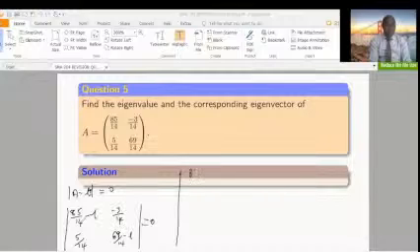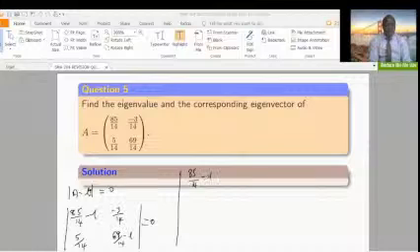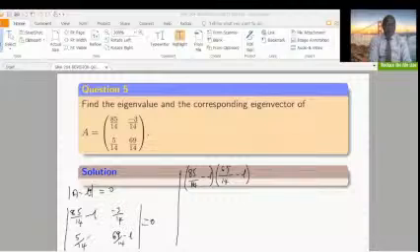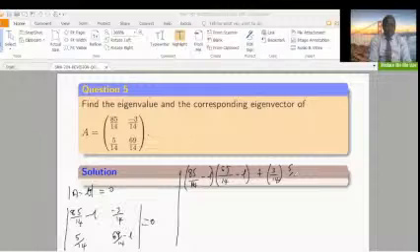This would be 85 out of 14 minus lambda, multiplied by 69 out of 14 minus lambda. And then this is minus, this is plus, so when you subtract, the result will be positive, and this will be 3 out of 14 multiplied by 5 out of 14.